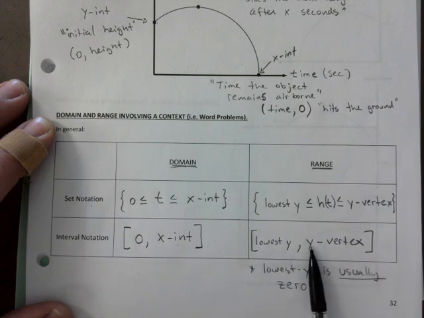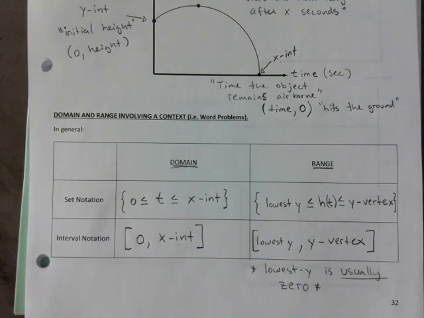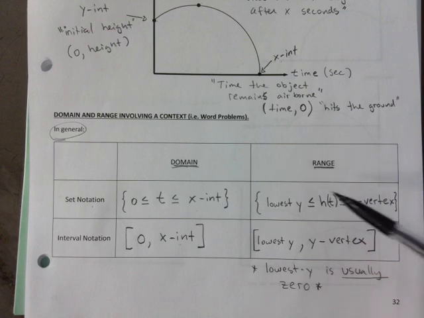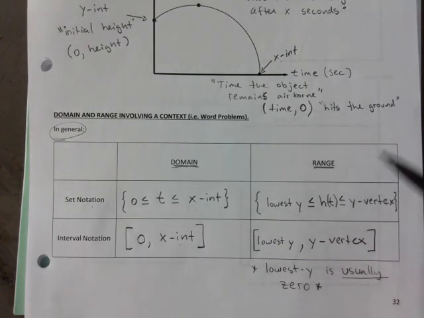Lowest y value, y of the vertex. In retrospect, I feel like you need to be very careful with this. This is in general, but if your parabola points up like this, the vertex is not going to be the highest point. So you're going to have to be careful in that scenario.